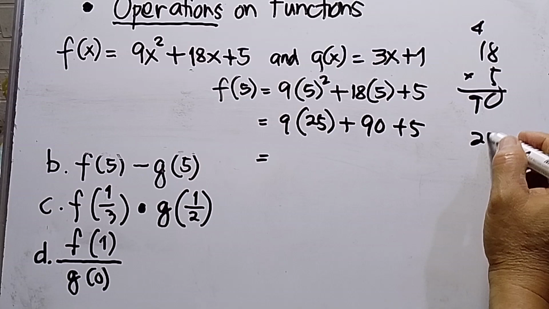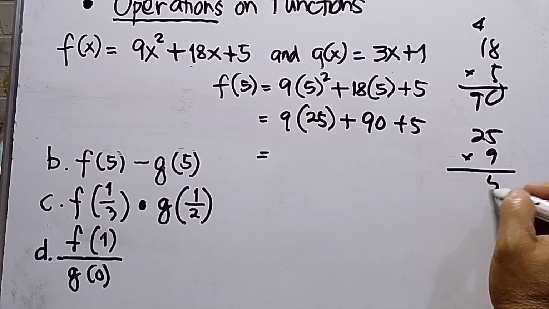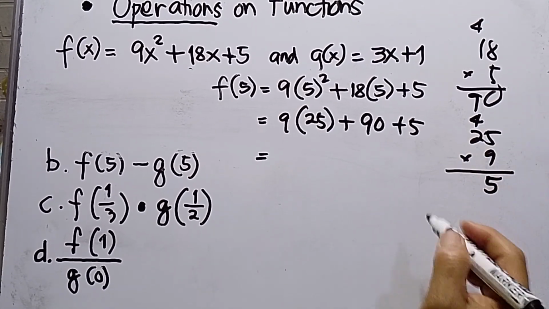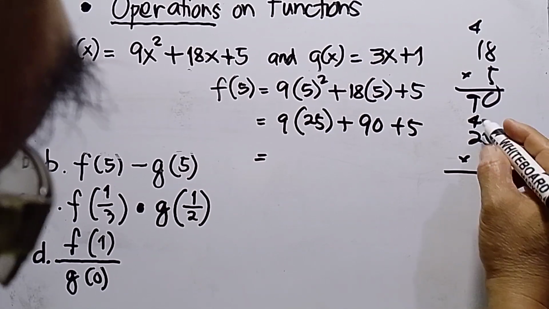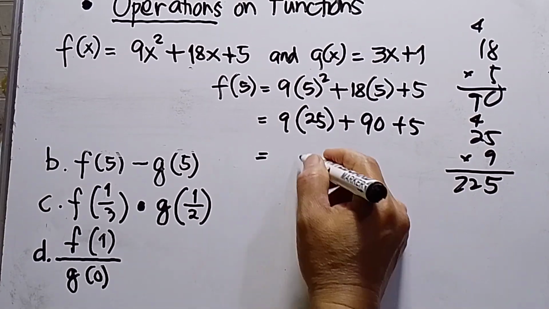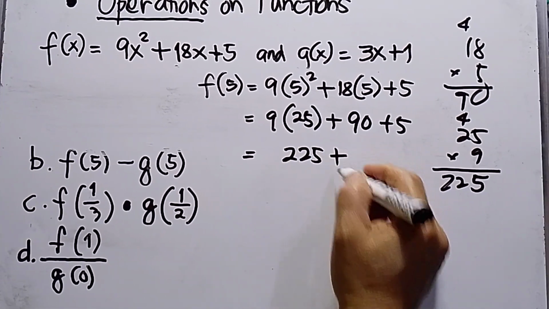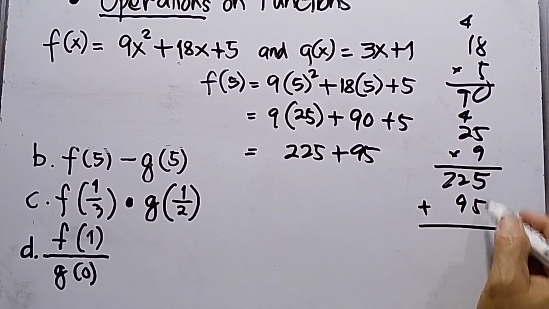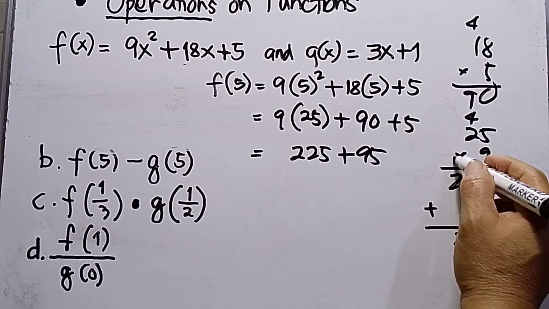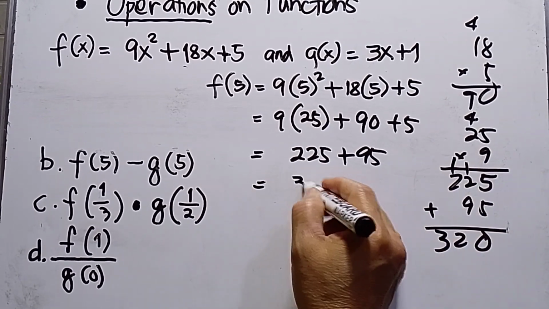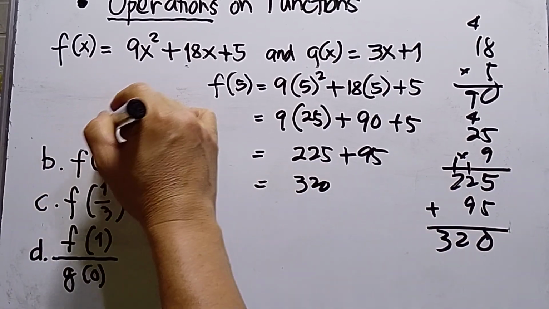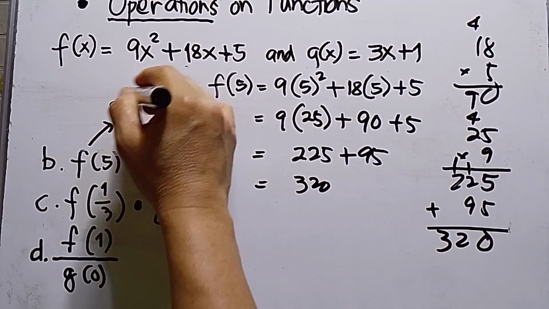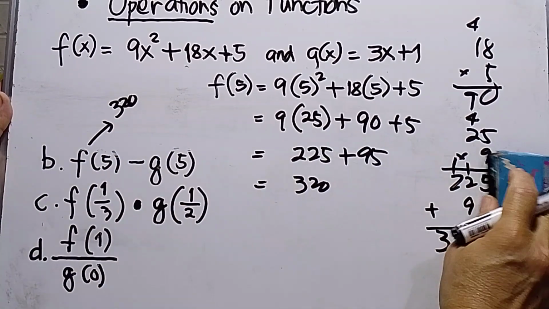So this will be 25 times 9, this is 45, carry 4, 18, 22. So 225 plus 95. This will be 0, carry 1, 12, 320. So for f of 5 is 320.